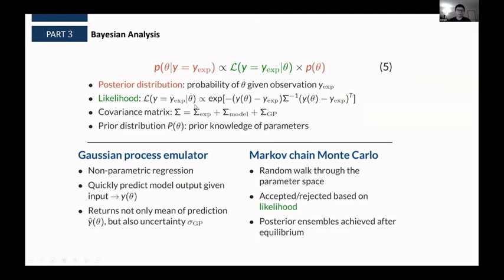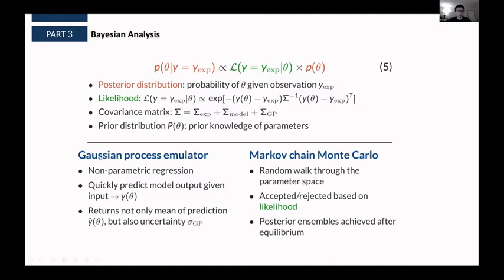The likelihood function is the probability that your model output equals the data given some parameter set, and this probability will be smaller and smaller if your model output is farther and farther away from the experimental data. The prior distribution is generally a uniform distribution over some physical range. For example, the gamma parameter we talked about before is naturally constrained between 0 and 1.